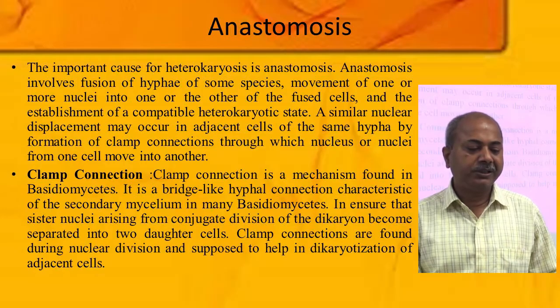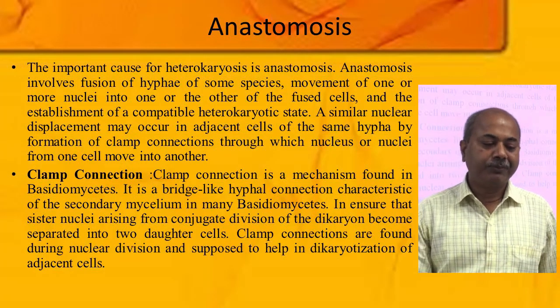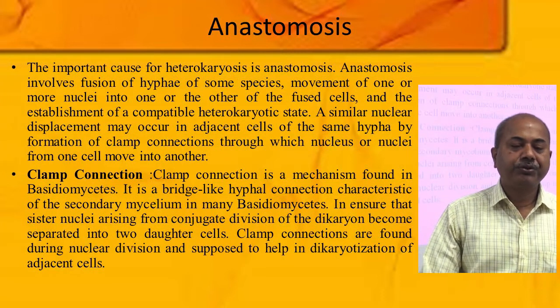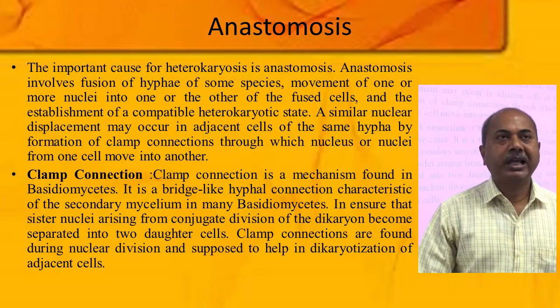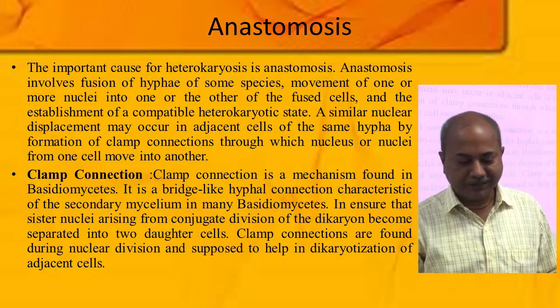A similar nuclear displacement may occur in the adjacent cell of the same hyphae by formation of clamp connection, through which the nucleus or nuclei from one cell move to another cell. So clamp connection is basically very common in the Basidiomycetes.